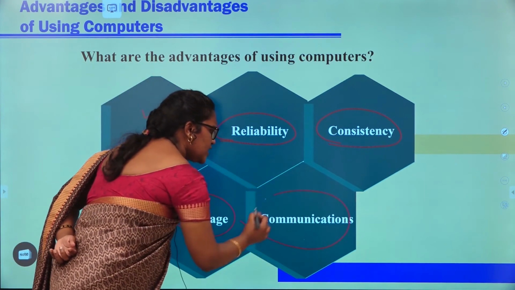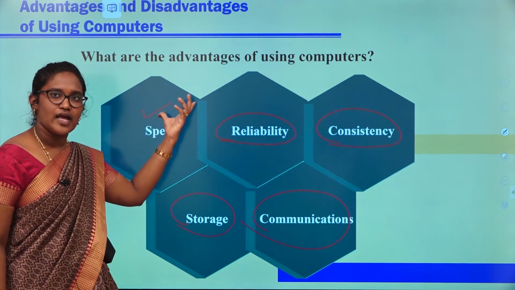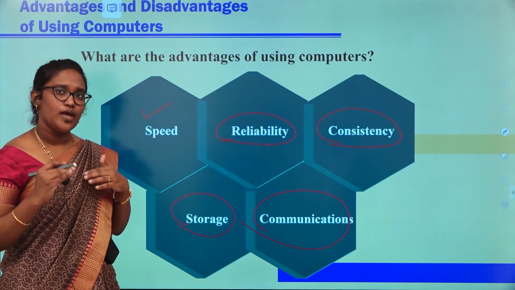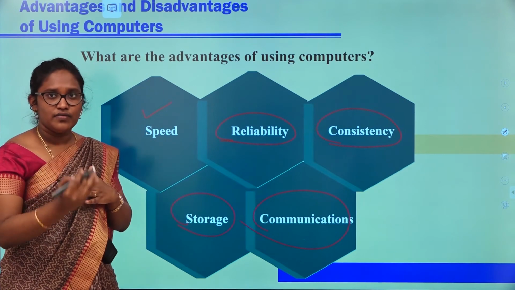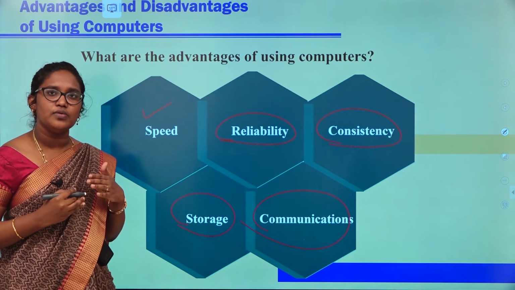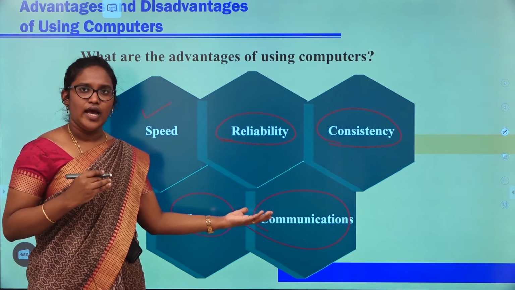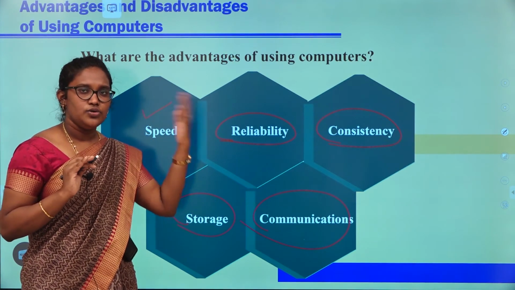Next one is communication. Storage we have already discussed in the characteristics. What does communication mean? Computers are very useful in advancing communication with others. For example, you are sitting in India and you want to say hi to a person sitting in the US.